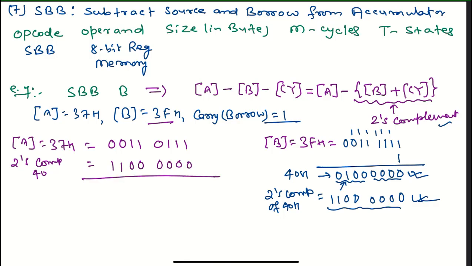Now we have to perform the addition operation. 1 plus 0 is 1. Again 1 plus 0 is 1. 1 plus 0 is 1. 0 plus 0 is 0. Then again 1 plus 0 is 1, 1 plus 0 is 1. 0 plus 1 is 1, 0 plus 1 is 1. And the carry generated here is 0.